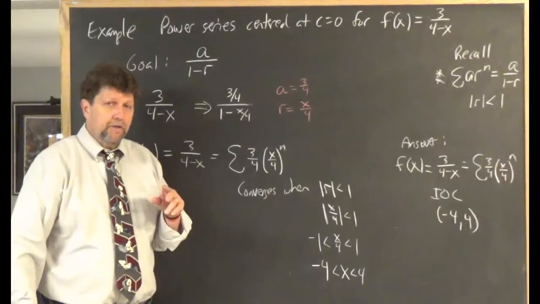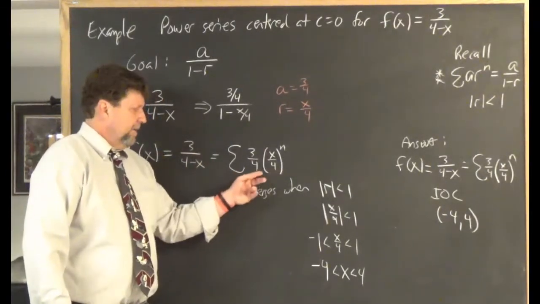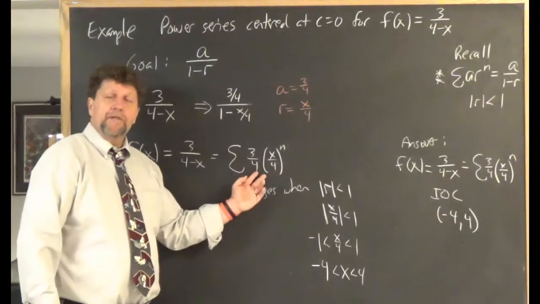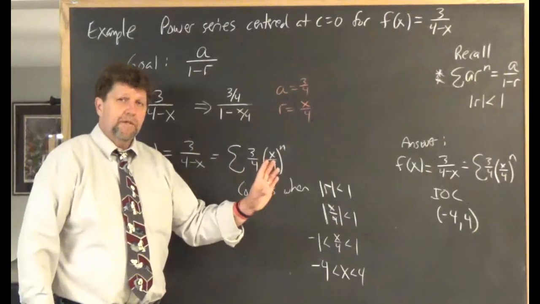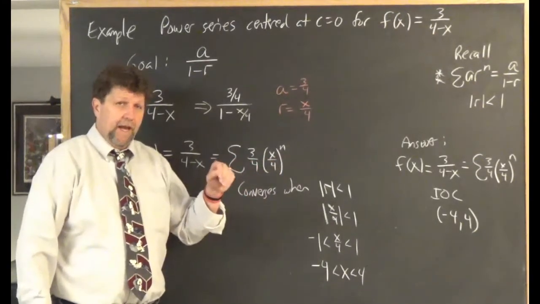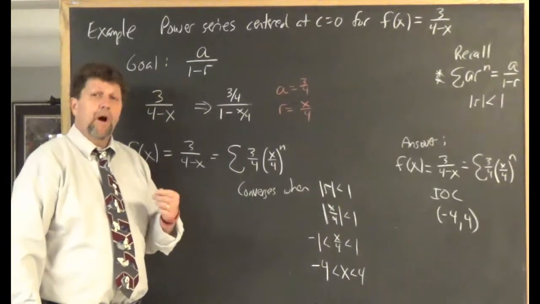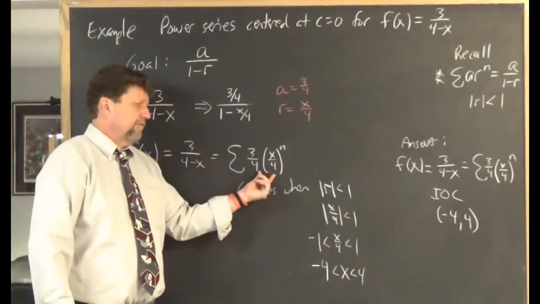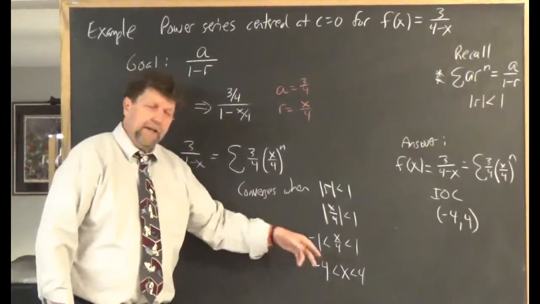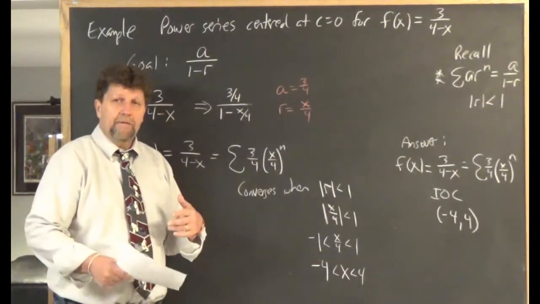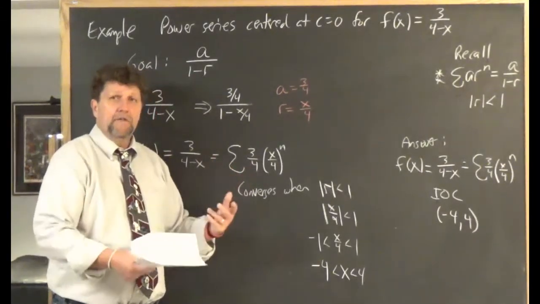And a cool thing you could do, and I might do this later on, but not for this one, you could write down, say, the first 5 terms of this power series. You could put this function in y sub 1, and in y sub 2 you could put the first 5 terms of the power series, and on the interval -4 to 4 you could graph both of them to see how well it does match up.